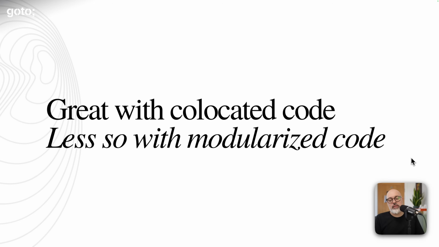The other thing I've noticed is that code assistants and LLMs are great at generating code inside a file, so collocated code, but less so at modularizing it. Now, that said, all the latest IDE tools like Kiro, Cursor, JetBrains IDEs, etc., enable you to provide rules on how you want to apply certain things.